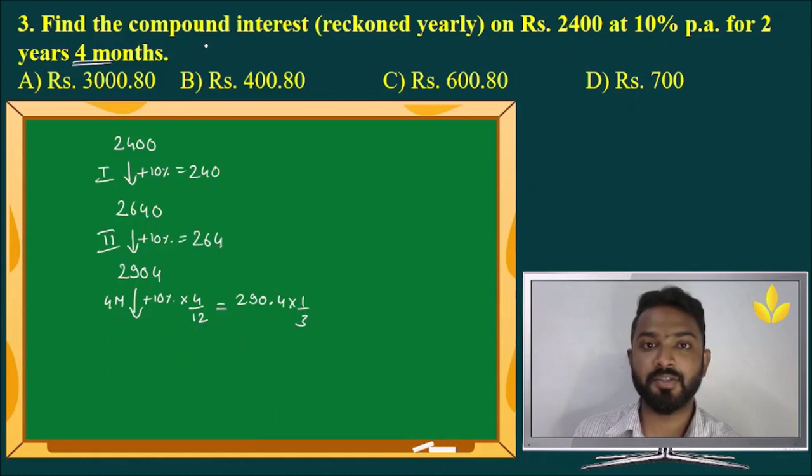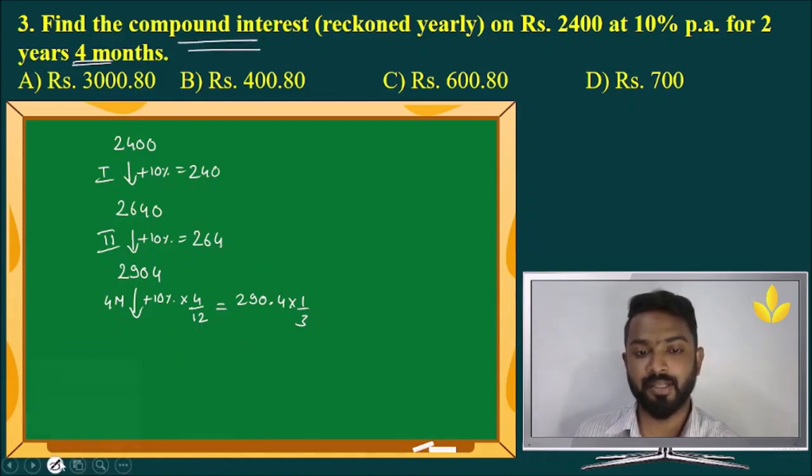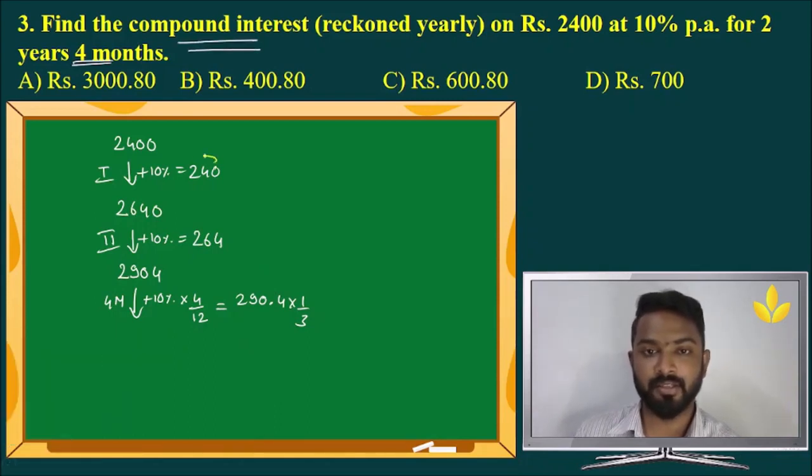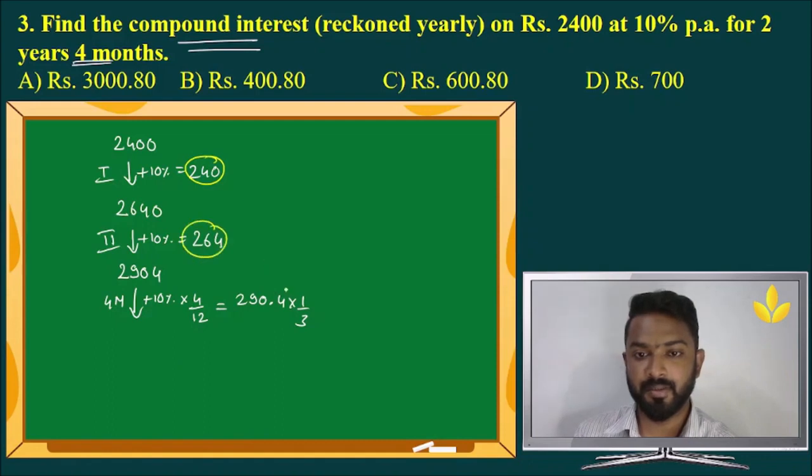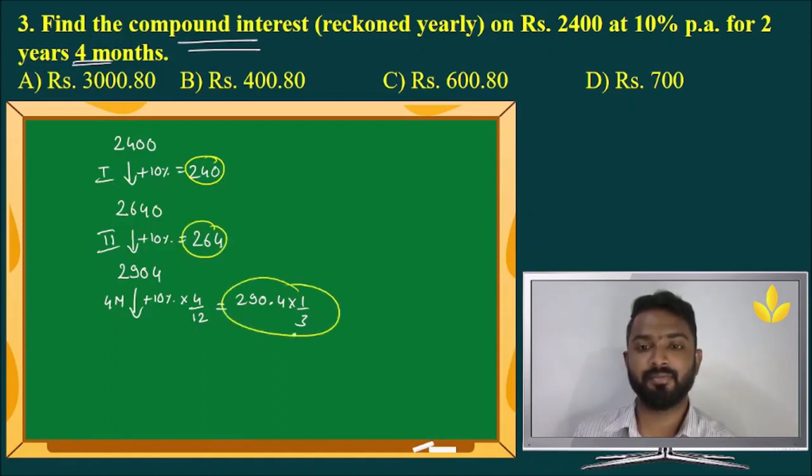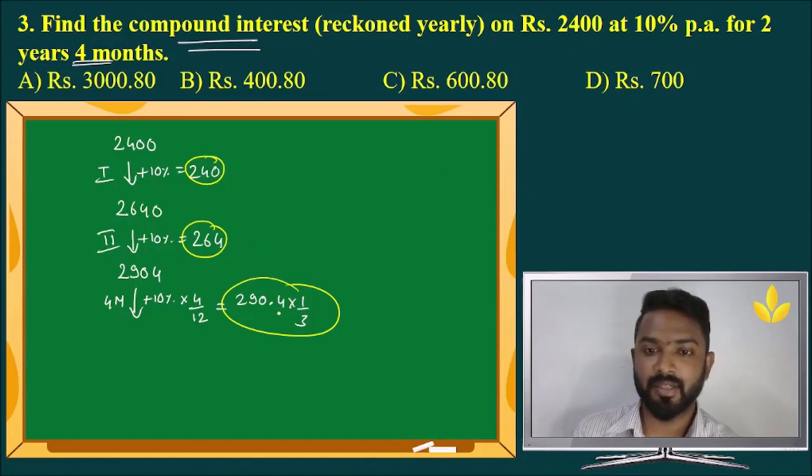Now they have asked us to find the compound interest. That means the final answer is this plus this plus this. Now let's use the elimination method to get the answer. First of all, we are 100% sure that it cannot be a natural number because we have decimal here itself. So D is gone.